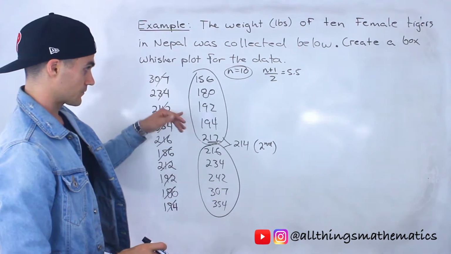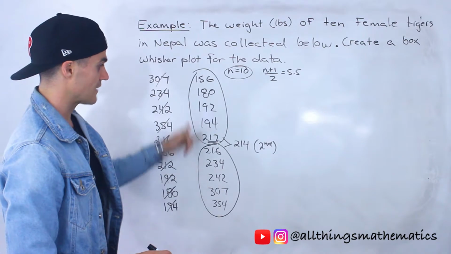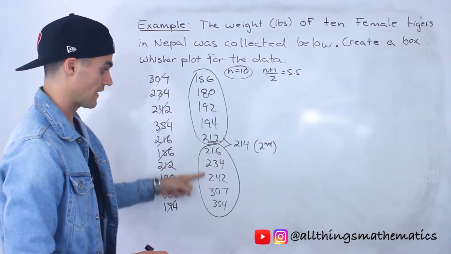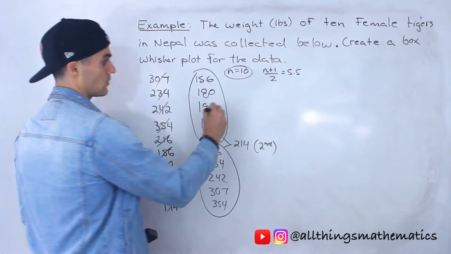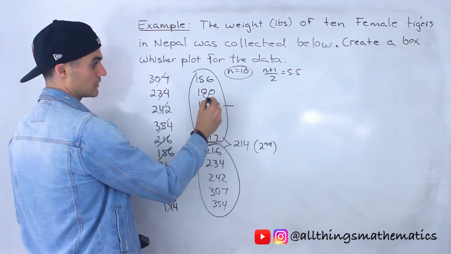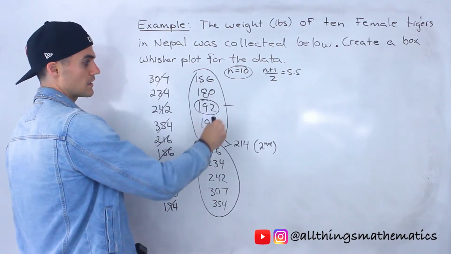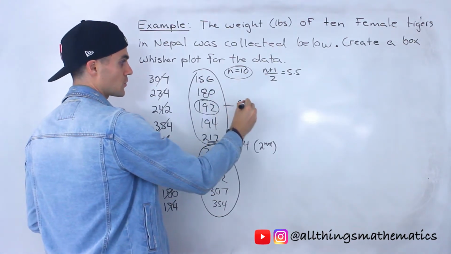So notice that in each of these halves now, there are an odd number of observations because there's 5 over here and then 5 over here. And so the first quartile, it's going to be really easy to get. It's going to be this 192, which is the median of this data here. So that's going to be the first quartile.